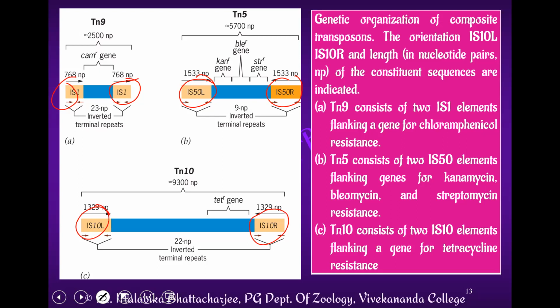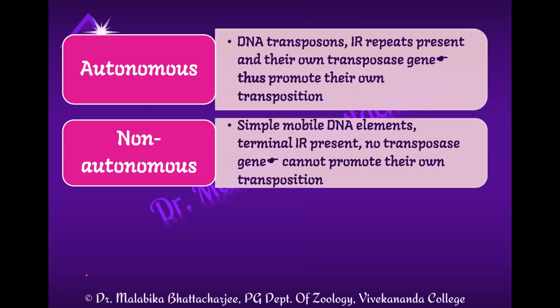Now let us have another perspective of transposition. The new perspective is autonomous and non-autonomous elements. The name itself suggests it: autonomous means self. These DNA transposons have their own transposase gene, and since they have their own transposase gene, they can promote their own transposition. That is autonomous.